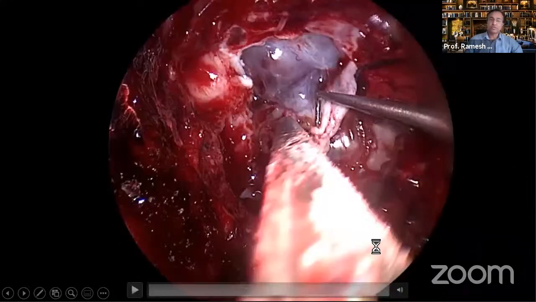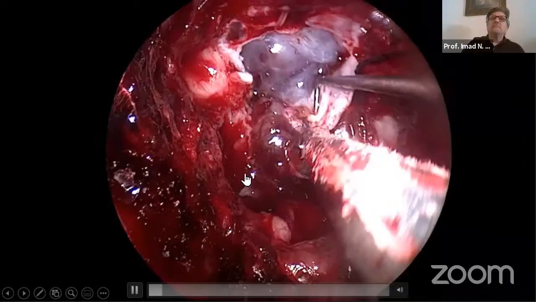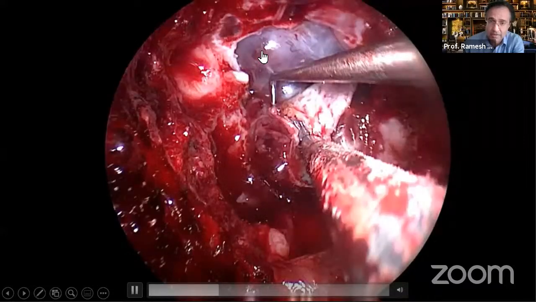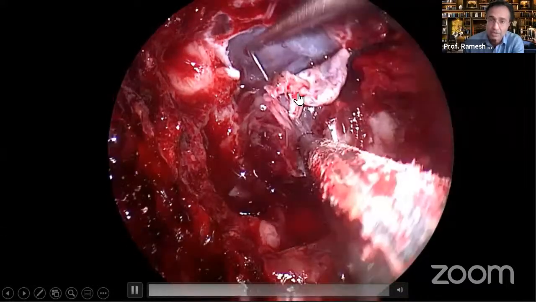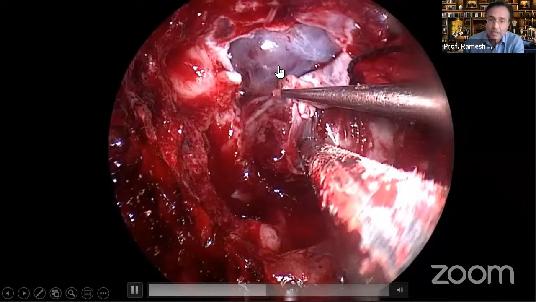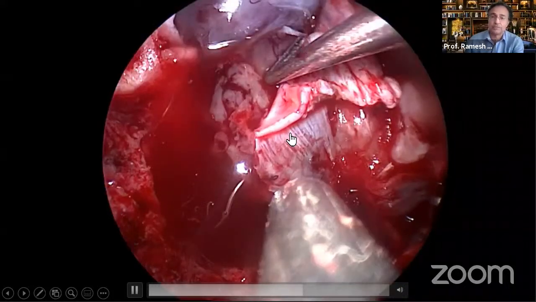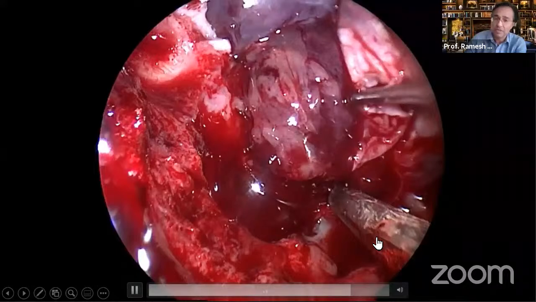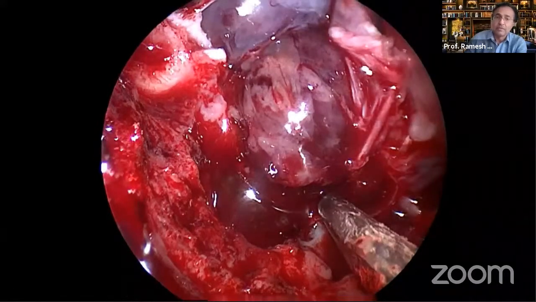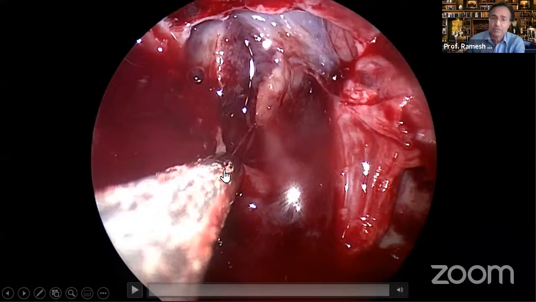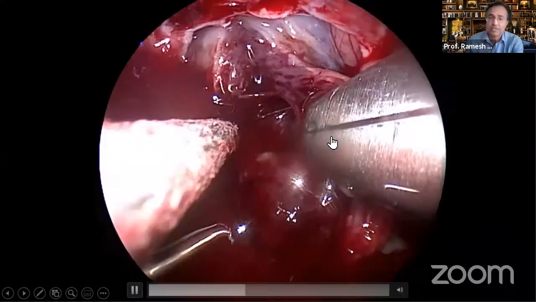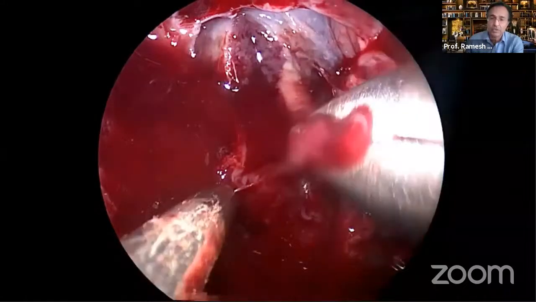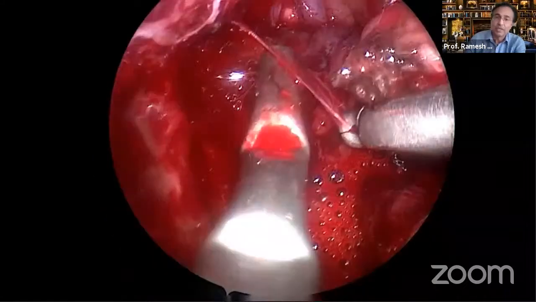So the tumor is now being exposed. It's a soft tumor, and you can also see in the planum the tumor was coming down into the exposure. So the dura is being dissected off, and it's a soft tumor but vascular. The initial exposure of the tumor is fairly soft, as most pituitary tumors are, and as you can expect, they are vascular as well.